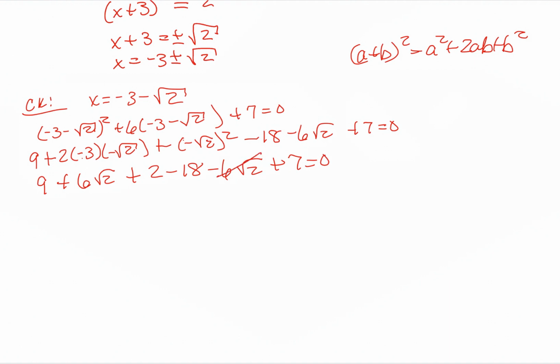So then the 6 square roots of 2 cancel, and I have 9 plus 2 plus 7 is 18, and 18, so I get 0 equals 0. And I will leave you the other solution, so you get to check x equals negative 3 plus the square root of 2 for yourself.